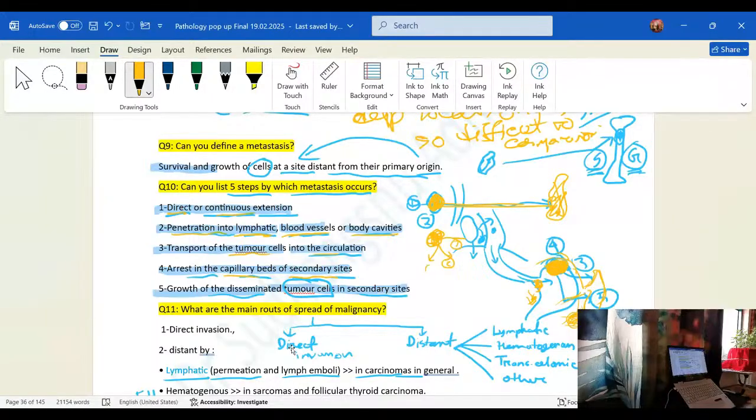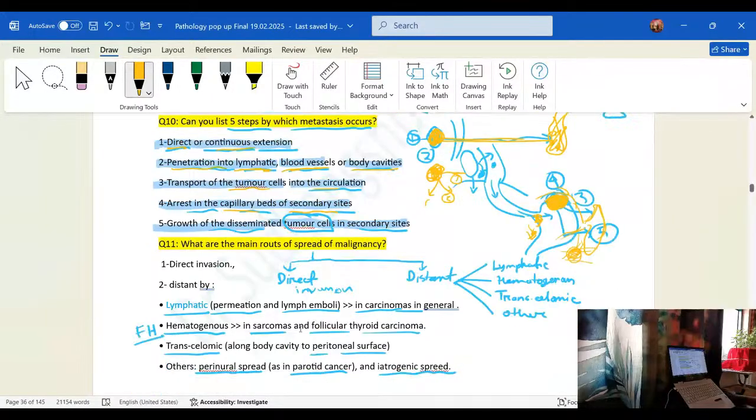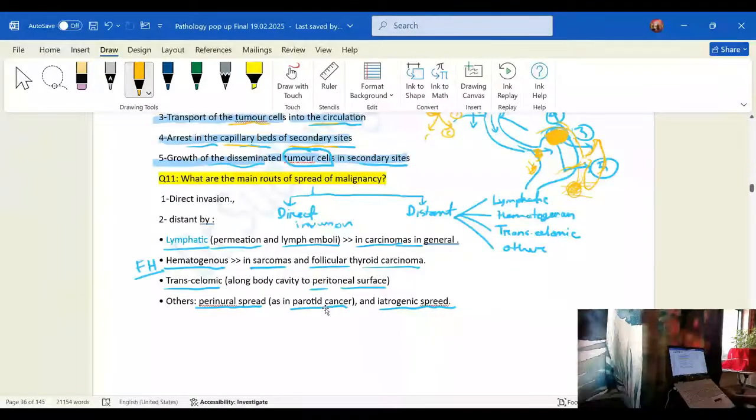What are the main routes of spread of malignancy? Direct invasion and distant spread by lymphatics, hematogenous, or transcoelomic routes. Lymphatic spread is typical of carcinoma.